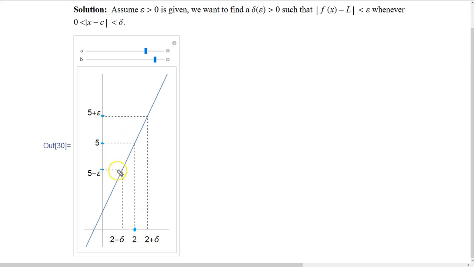Notice that if we go over and down and over and down, it does appear that there is a delta neighborhood around 2 in which, as long as I pick x in that delta neighborhood around 2, notice how the dots on the red values on the y-axis right here stay between 5 minus epsilon and 5 plus epsilon.